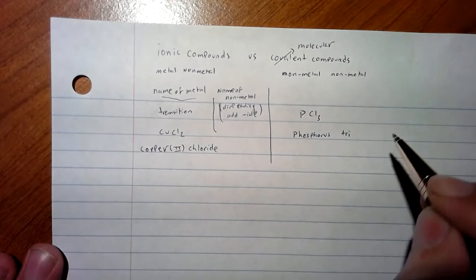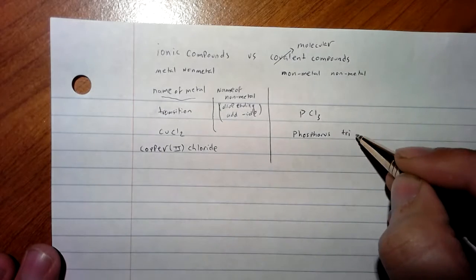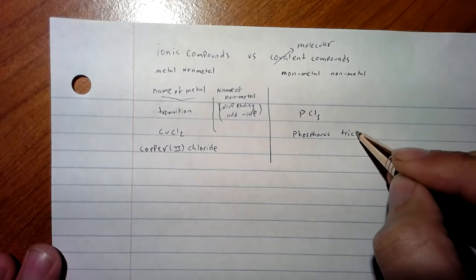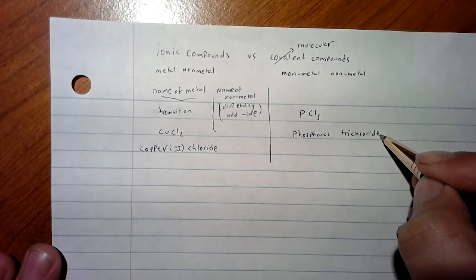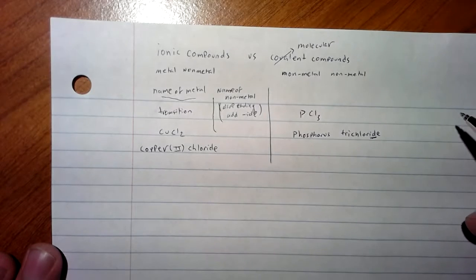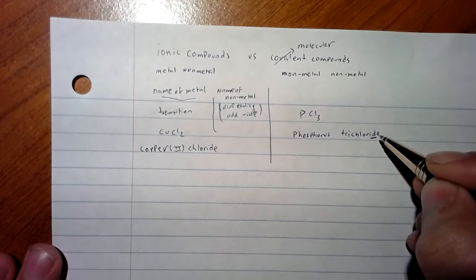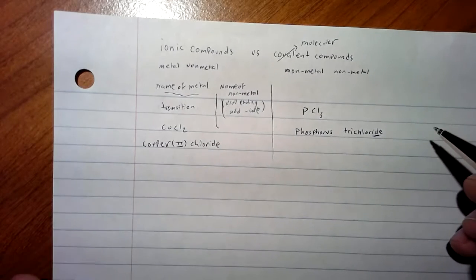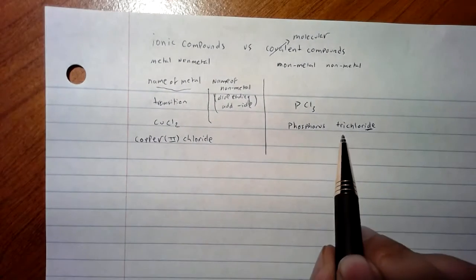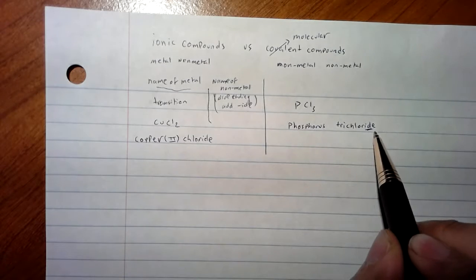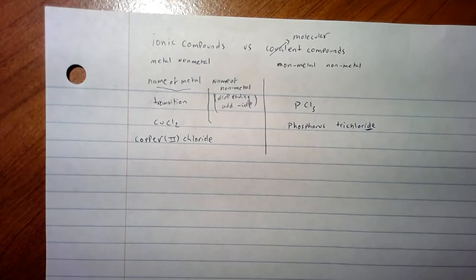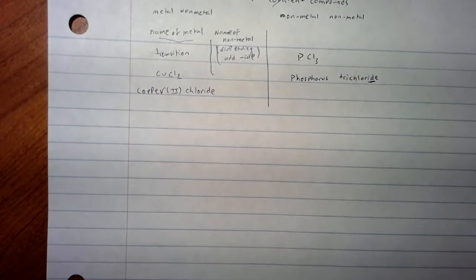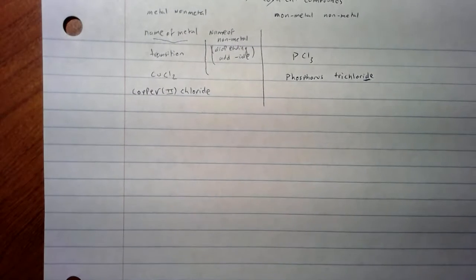That's for 3. You're going to have to memorize those. So for 3 it's tri, and then we put chloride. We're still using that suffix -ide for molecular compounds, but remember that for molecular it only applies to the one at the end. Alright, so phosphorus trichloride.